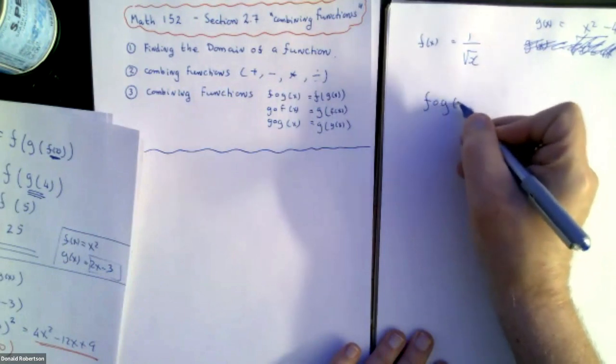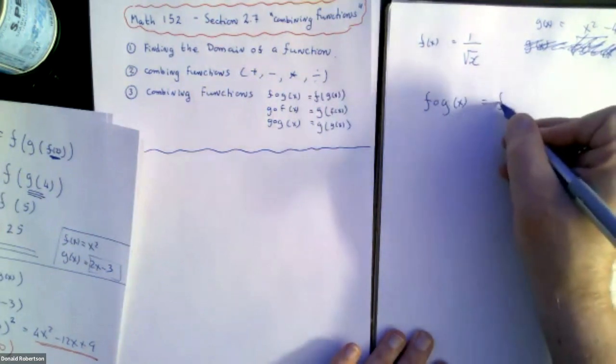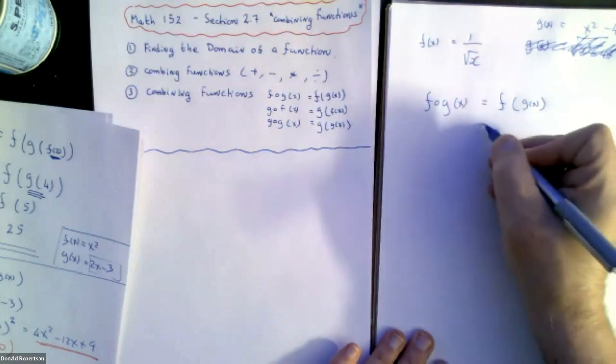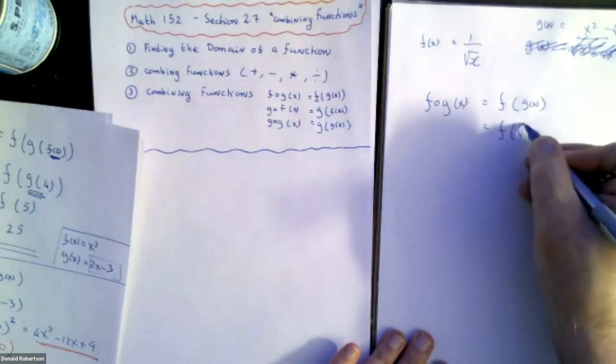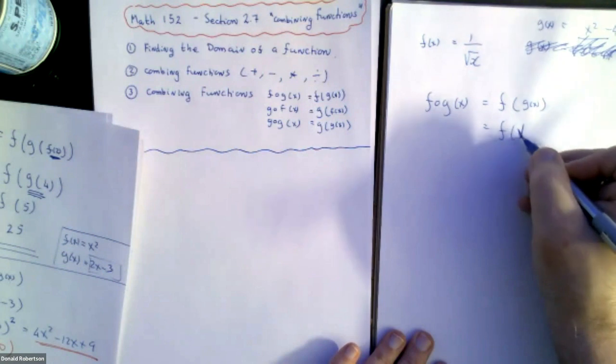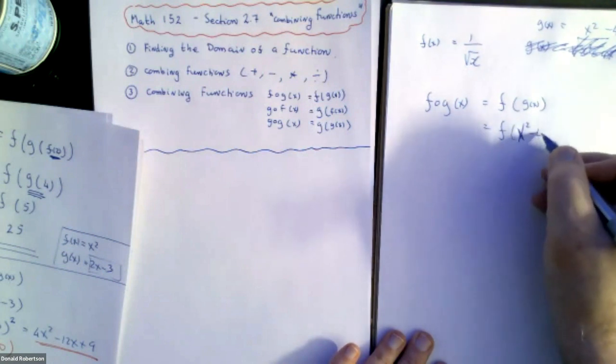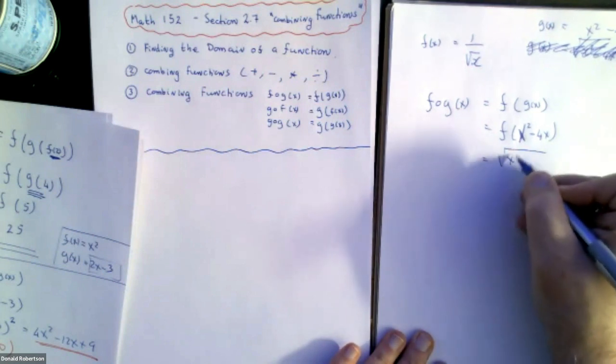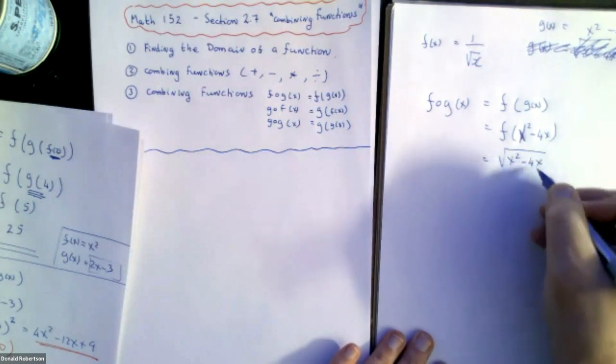We want to do f of g of x. F of x squared minus 4x. Square root of x squared minus 4x.